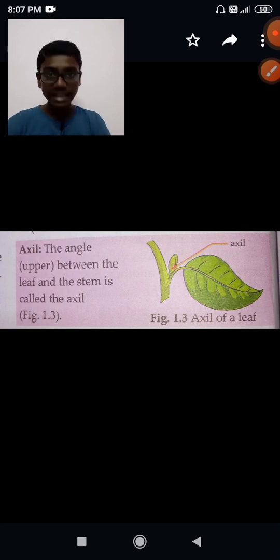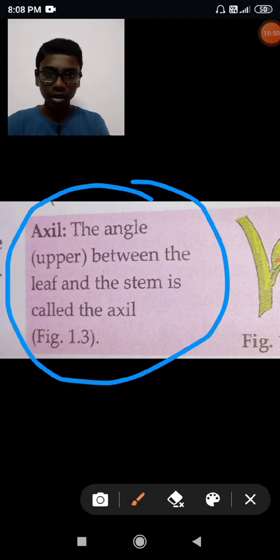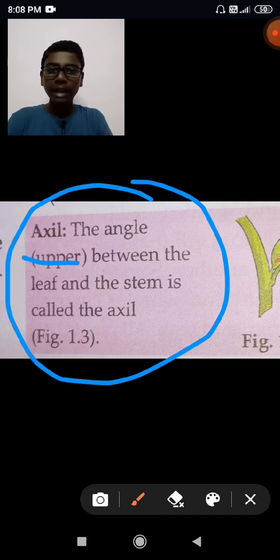Before knowing the axillary bud, we have to know what an axil is, because the axillary bud is present in the axil. If you read the definition, the angle between the leaf and the stem is called the axil.